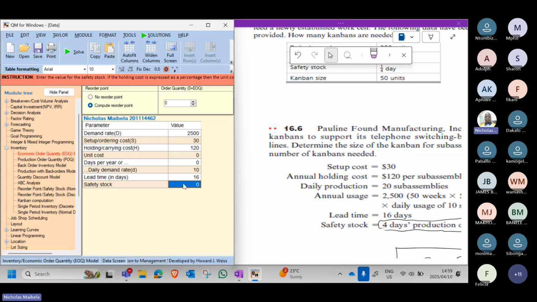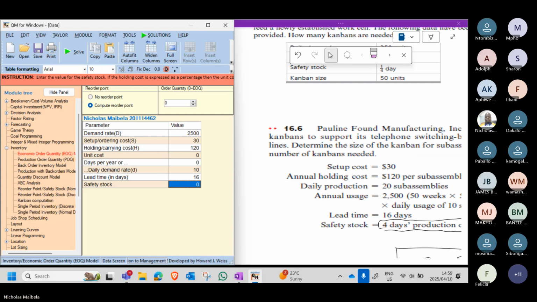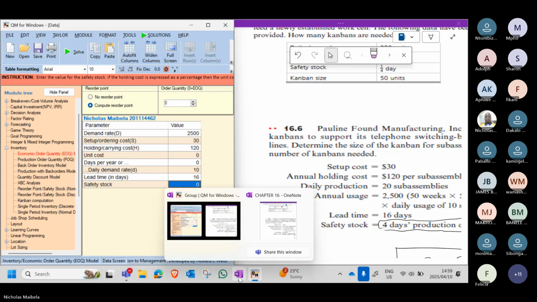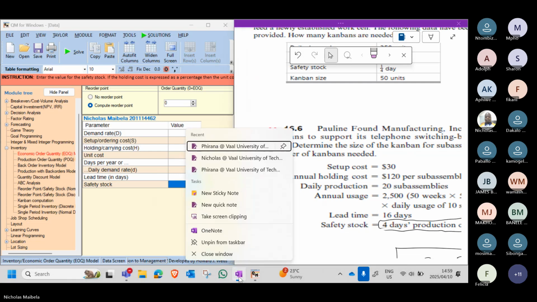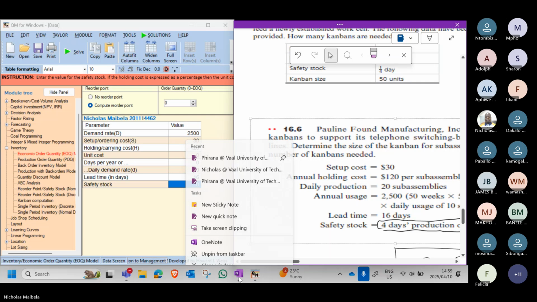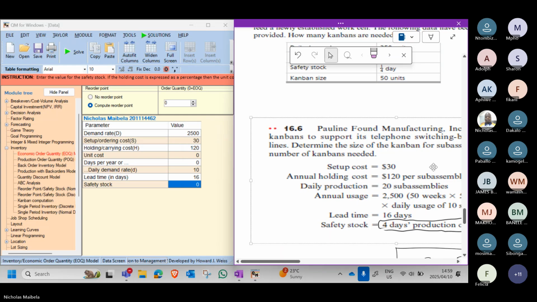James, what do I write there? Guys, what do I write there?